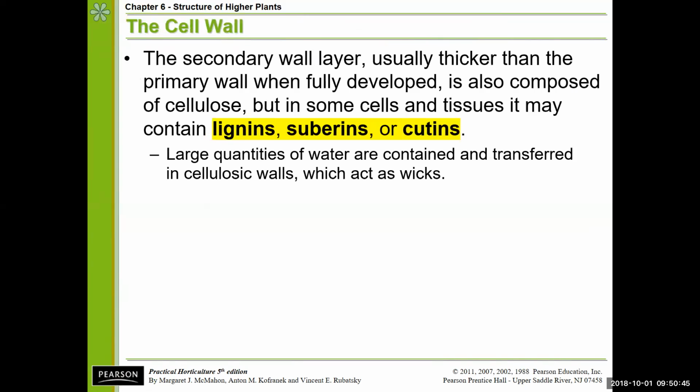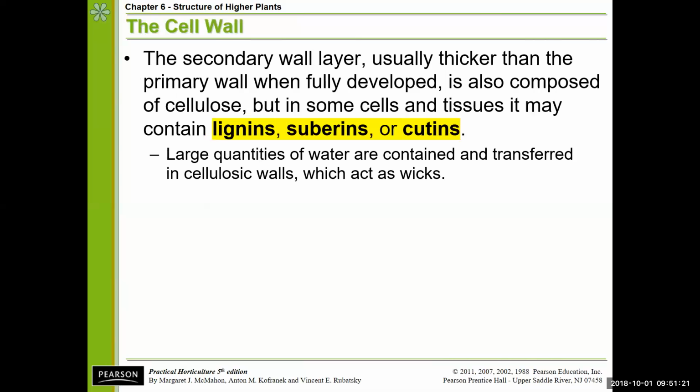In many plants, especially woody plants, as well as some woody perennials, we get some kind of secondary cell wall. I'm not exactly sure of the delineation, but we call them lignans, suberins, and cutins, and these are kind of like enzymes that the plant produces to continue that growth and rigidity in the higher plants.